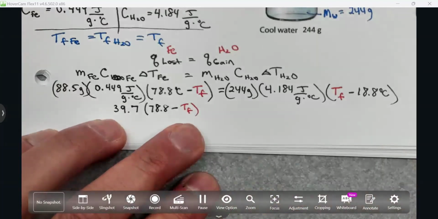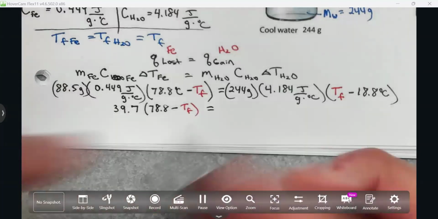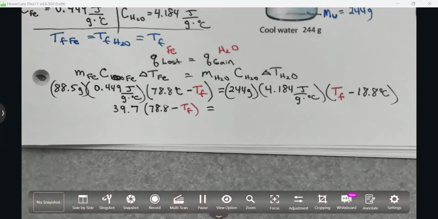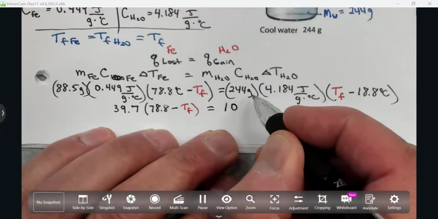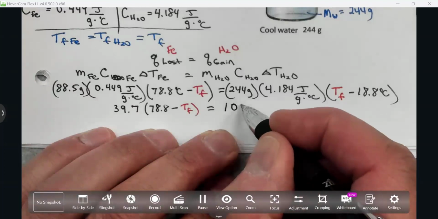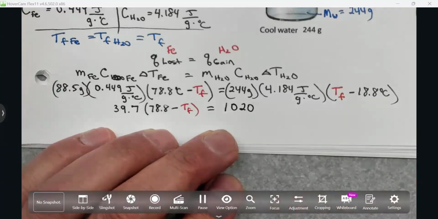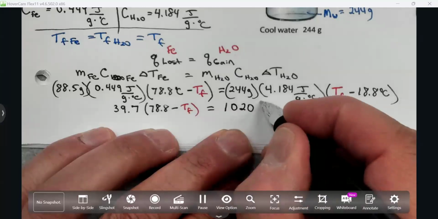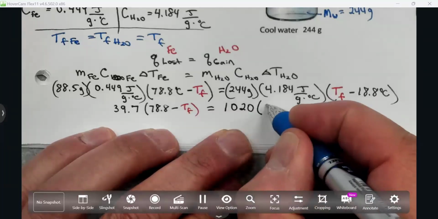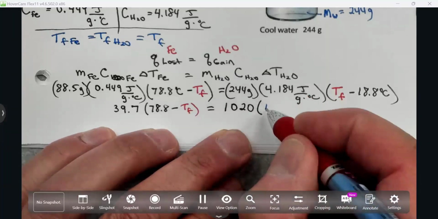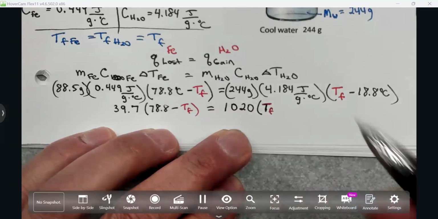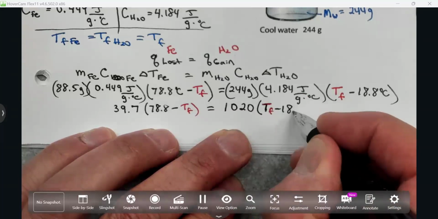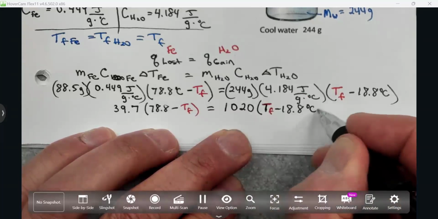And over here, we're going to have 244 times 4.184, which is going to be 1020 to 3 sig figs, times T final minus 18.8.